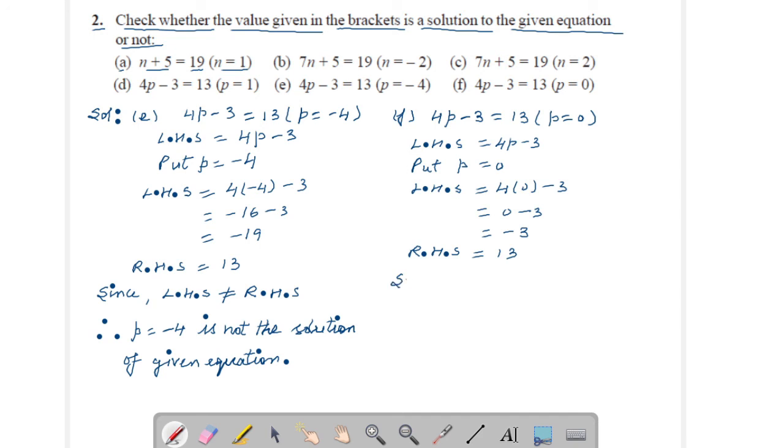Since left hand side is not equivalent to right hand side, therefore p equal to 0 is not the solution of given equation.